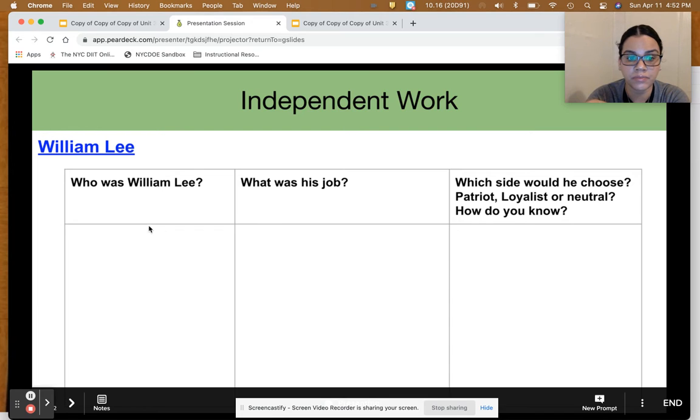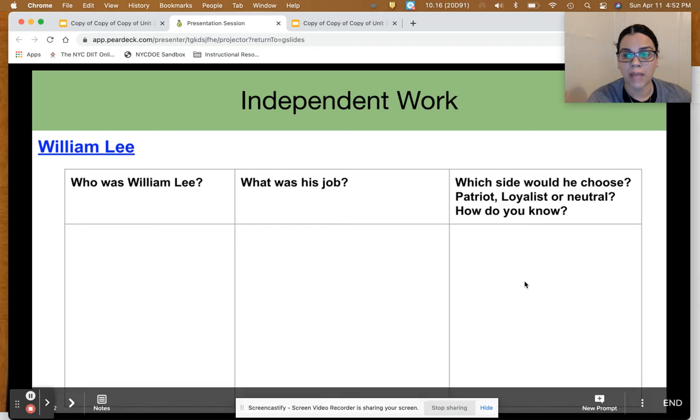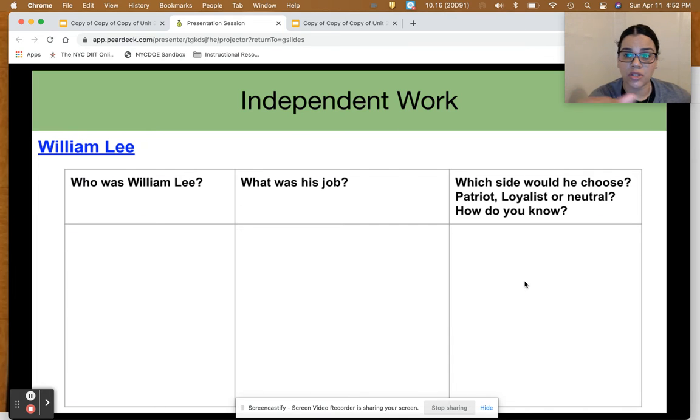and then jot their ideas on this chart, which is on Google Slides, but you can also upload a similar chart like this on Padlet and have students post their answers, or on Pear Deck and have the answers populate.